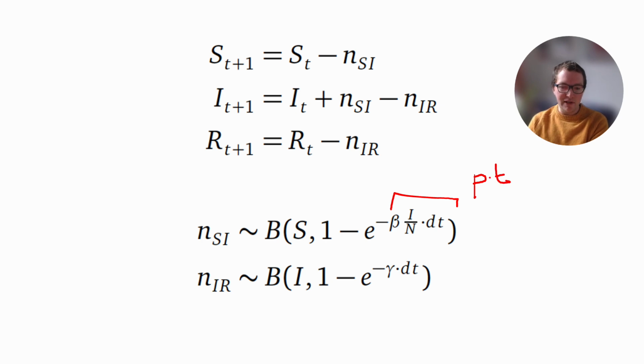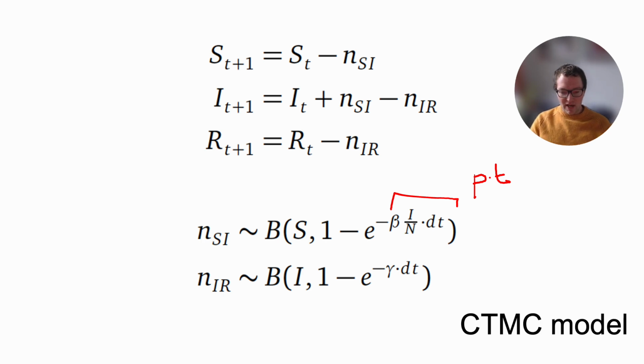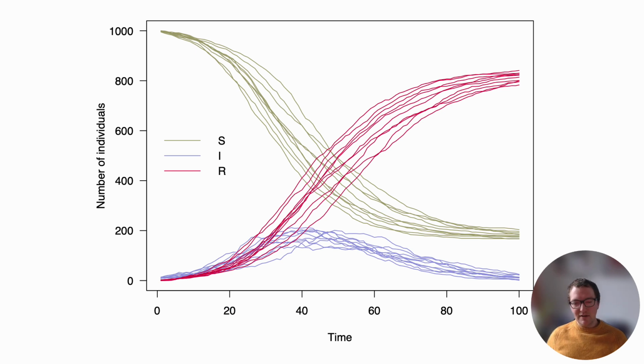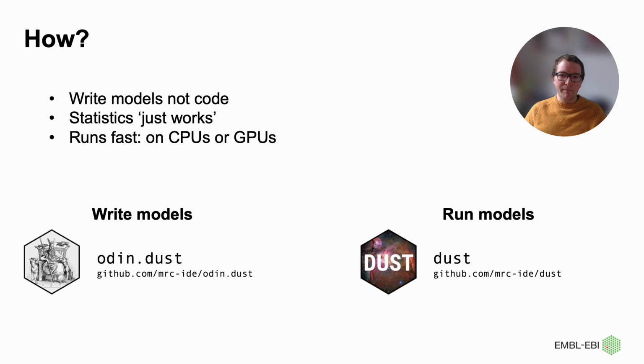And this is familiar from before. Then I have that probability over a number of people, so I end up with binomial draws. So for each susceptible, I move them to infected with this probability. If I run that forward, that's the CTMC model. If I run that forwards in time, you'll see a similar shape, but much more variance in the trajectories, which has a few advantages and often fits data better because data is noisy as well.